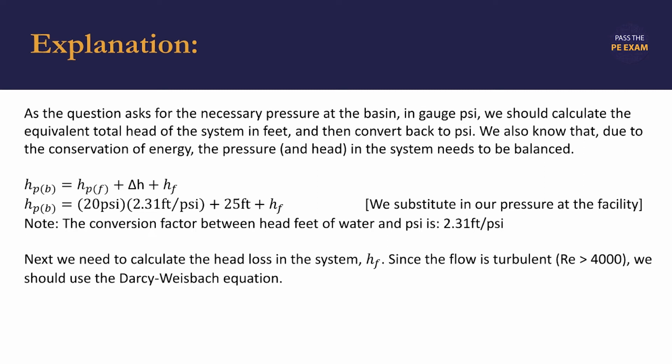Using the Darcy-Weisbach equation, H sub F is equal to the product of the numerator, which consists of the friction factor F, the length of the pipe, and the velocity of the flow squared, divided by the product of the denominator, which is 2 times the diameter of the pipe times the gravitational constant.